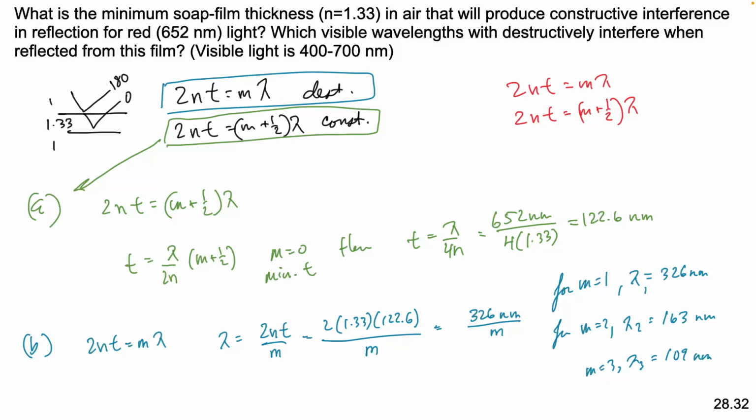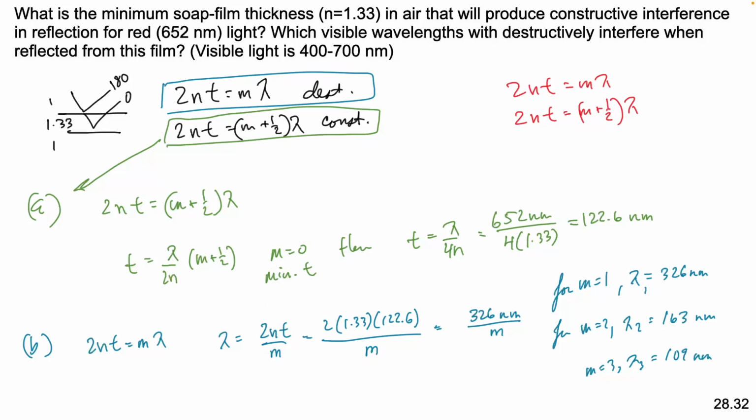Physicists fight over this all the time, but this physicist is going to say that the visible portion of the spectrum is 400 to 700 nanometers. Do any of these wavelengths exist in the visible portion of the spectrum? No. So what's the answer? None.